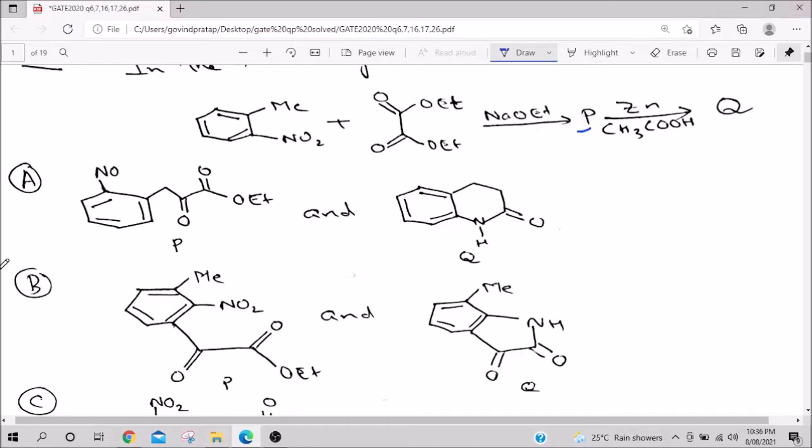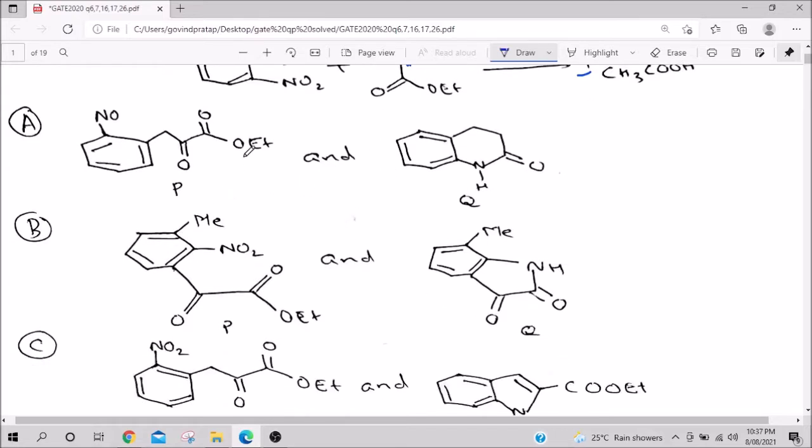So one thing is, it's a nucleophilic addition. Either the benzene ring or the methyl group is going and attacking this part of the molecule, and so that ethyl gets out. If you look at choice A, this methyl group, one proton is lost and then attack is happening.